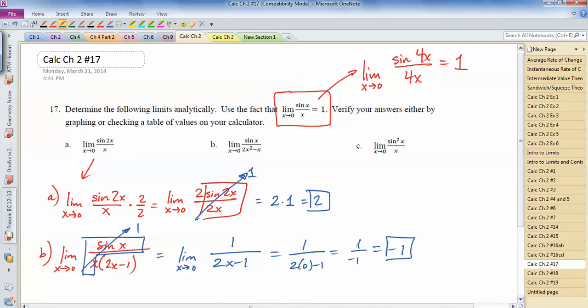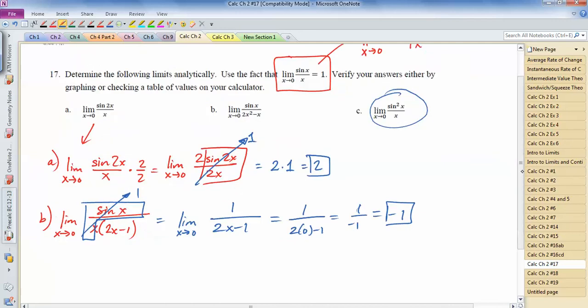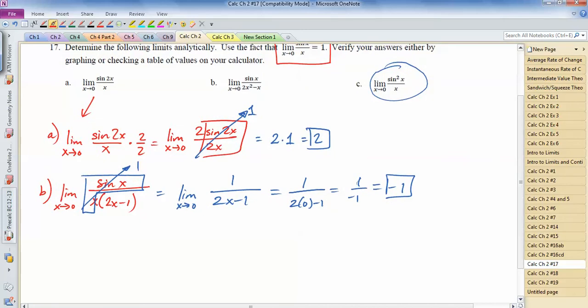Okay. The last one here is sine squared over x. So let's look at that. C. Limit as x goes to 0 of sine, actually, I'm going to write it like this. Sine x over x.